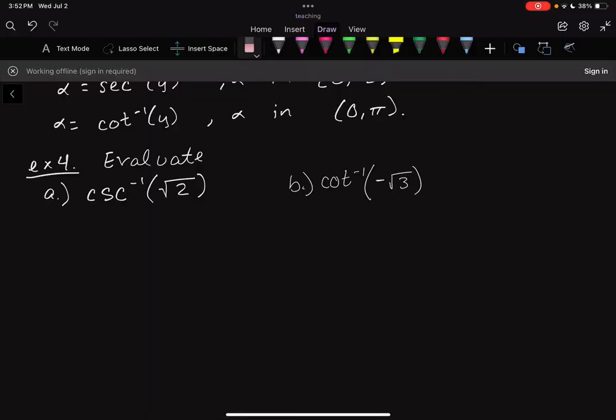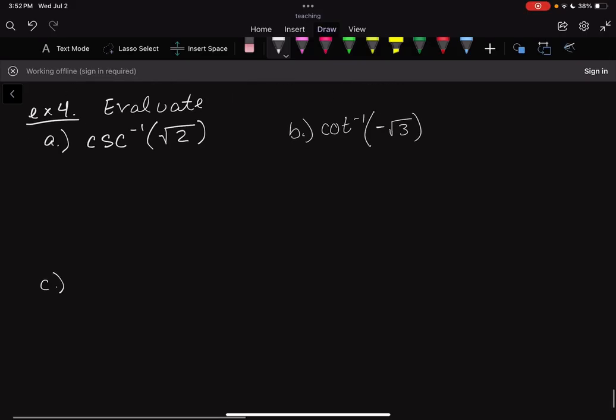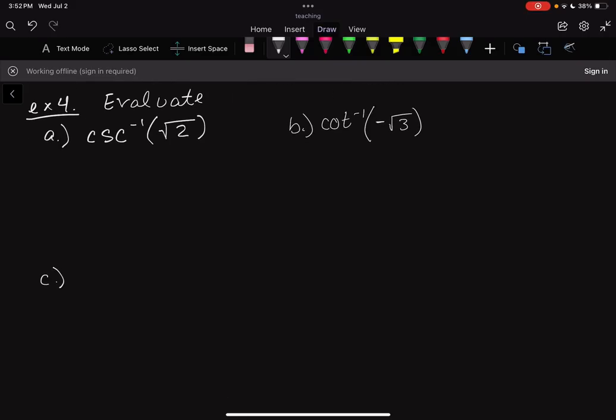Let's do C. I might need some more space there actually. Let me write further down. C. I want to do some composition ones, so I'll show you what that looks like. We'll do arcsine of cosine of pi over 6. Part D, I'll do another composition one.